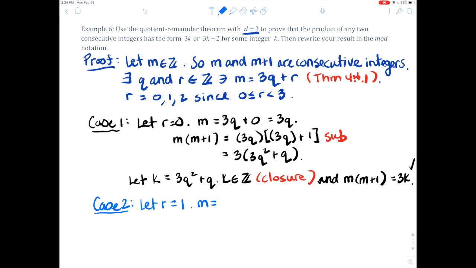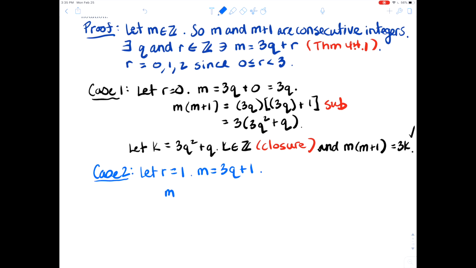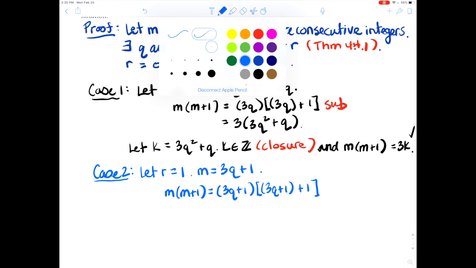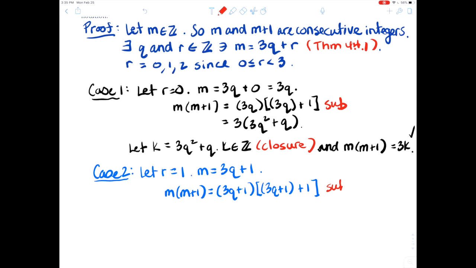So that means m's going to be 3q plus 1. So m times m plus 1 will be 3q plus 1 times 3q plus 1 plus another 1. Groovy? And that's just by substitution.